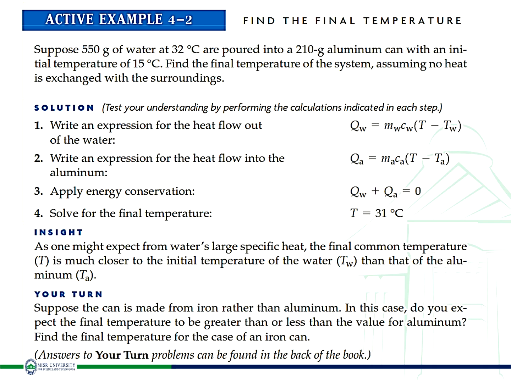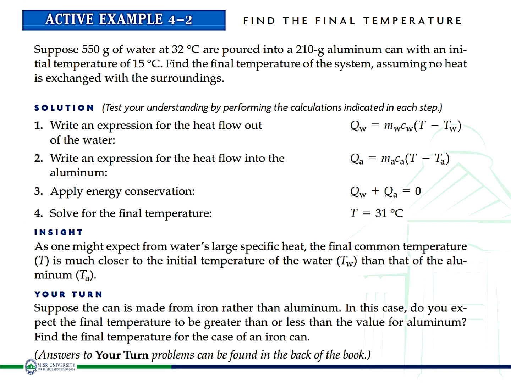1. Write an expression for the heat flow out of the water, Qw equals MwCw(T − Tw). First, we need to consider the water. The water starts at 32 degrees Celsius, and the aluminum can starts at 15 degrees Celsius. Since 32 degrees Celsius is warmer, the water is going to lose heat. So, its heat flow, Qw, will be negative.